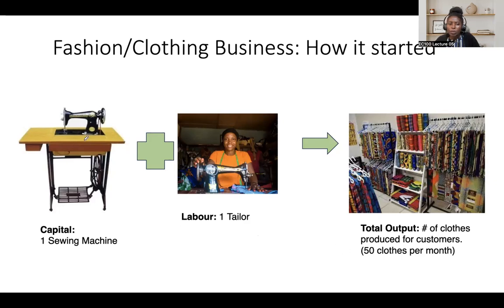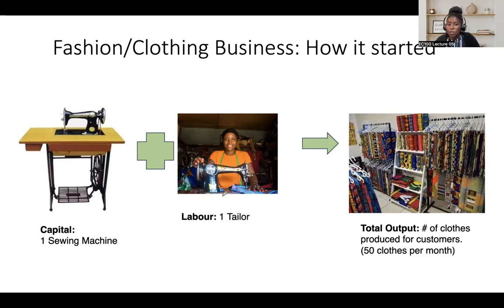So we said production is a process of combining inputs, all the inputs we have talked about, to produce output. This is your total output, which is measured by the number of clothes produced for customers. This lady is probably also the owner of the business. She started her business in one room with her machine and herself. She's very good. She can design, cut clothes.